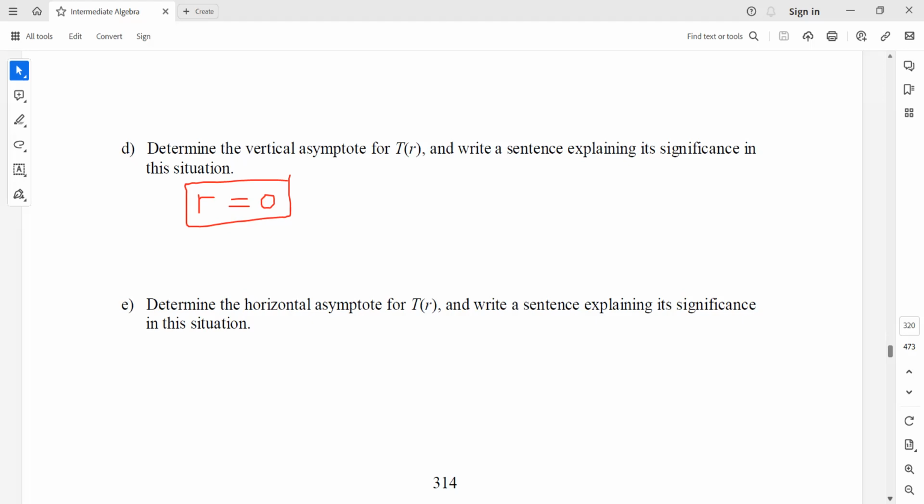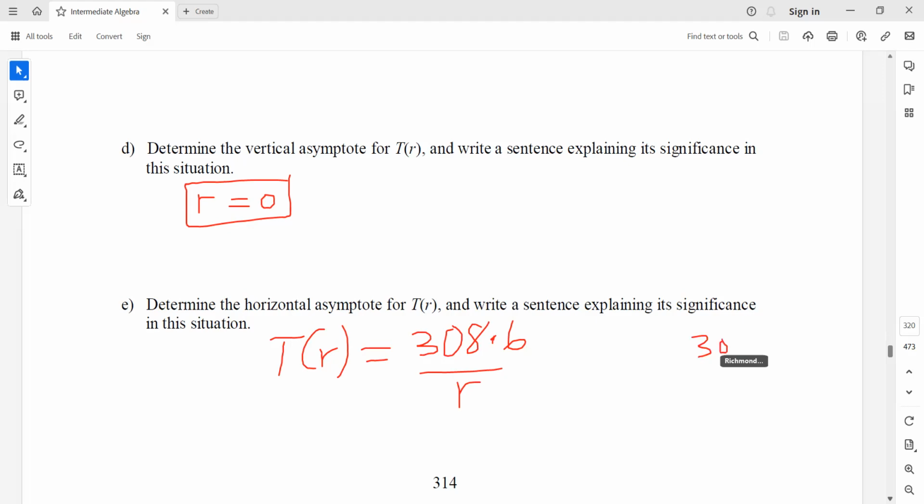Now, what about the horizontal asymptotes for T of R? Remember, from our function, we have this for T of R. Now, because R is our input, when you look at the numerator, what is the highest degree R term? It's just 308.6 because you only have one.